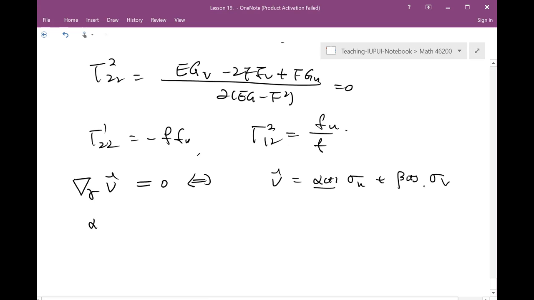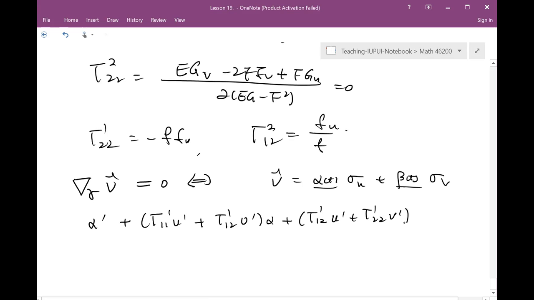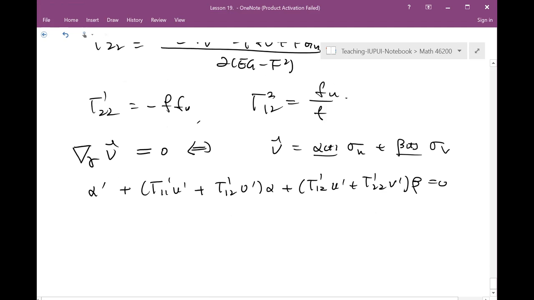I just want to determine those coefficients, so it's satisfying the following equation: plus gamma 1, 1 U prime, and gamma 1, 2 V prime alpha plus gamma 1, 2, 2 V prime and the beta. This is supposed to be 0. Let me simplify this one first.